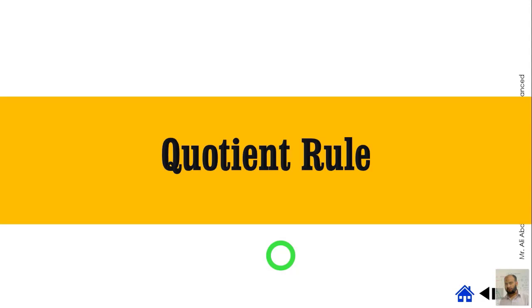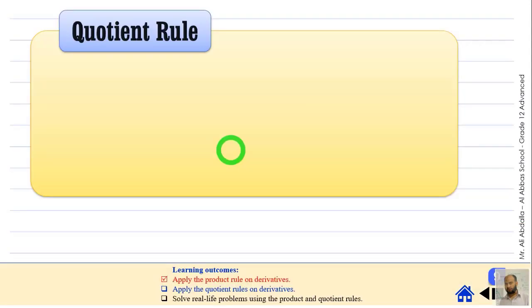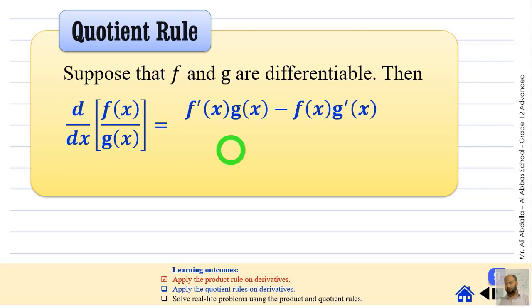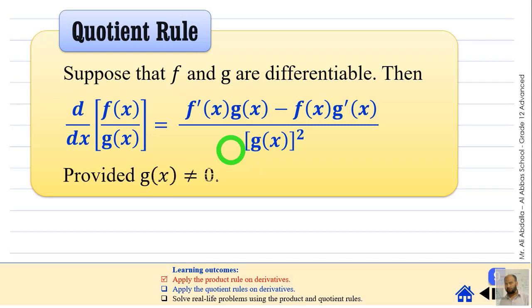In this part of our lesson, we will learn how to find the derivative of a function using the quotient rule. We will be looking at various examples of how it can be used. Quotient rule. Suppose that f and g are differentiable, then d/dx of f(x) over g(x) equals f'(x) times g(x) minus f(x) times g'(x) over g(x) to the power 2, provided g(x) doesn't equal 0.